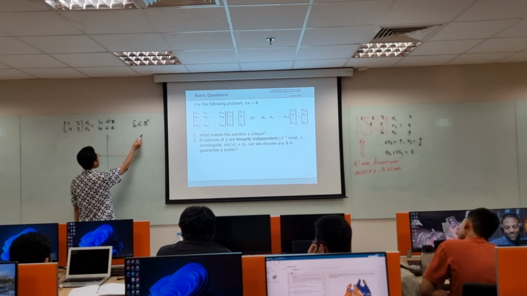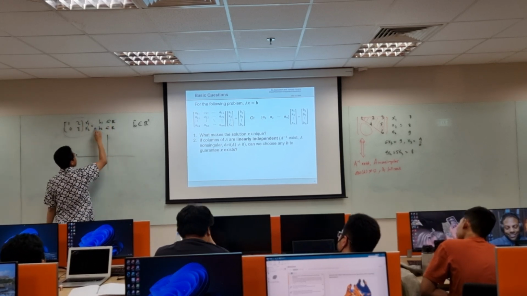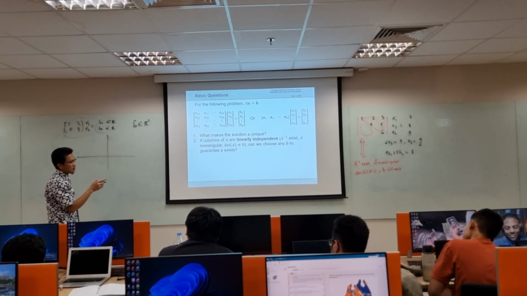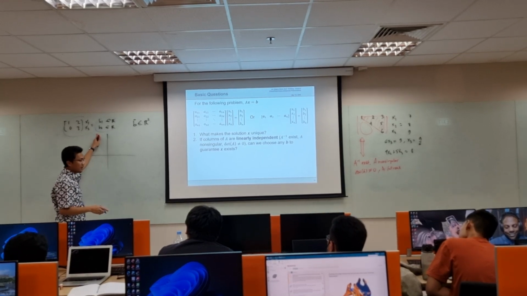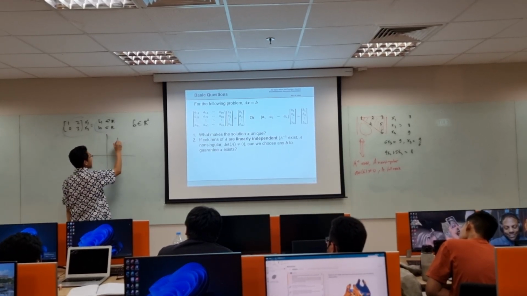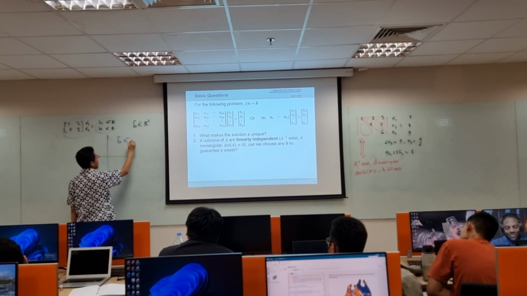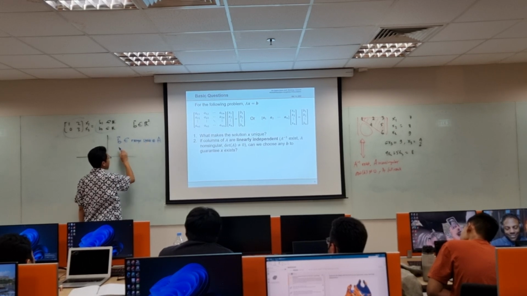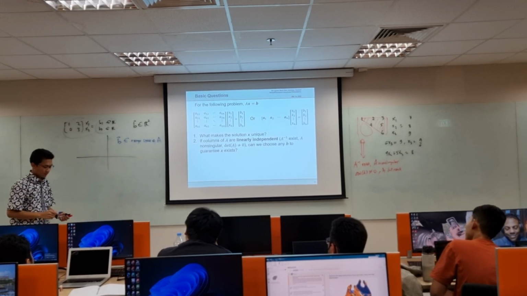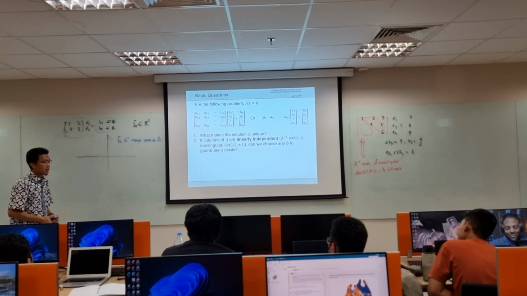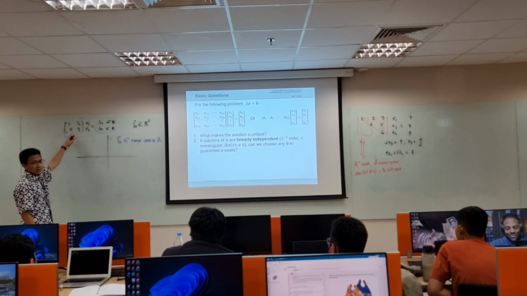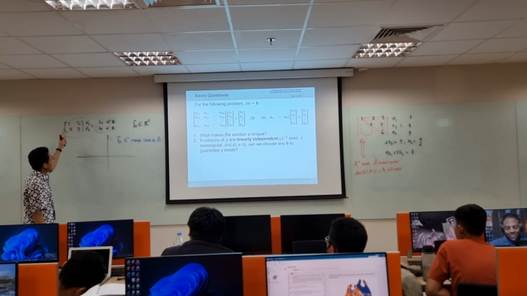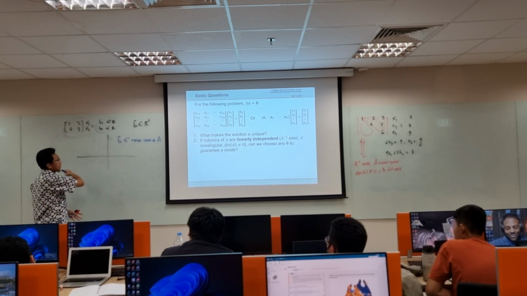So in this situation, if we want to choose any B so that it applies here, the condition is that B has to be in the range space of A. Because A is full rank, the columns of it are linearly independent, and the columns of A span the entire XY plane.